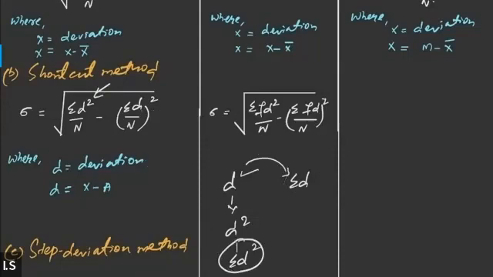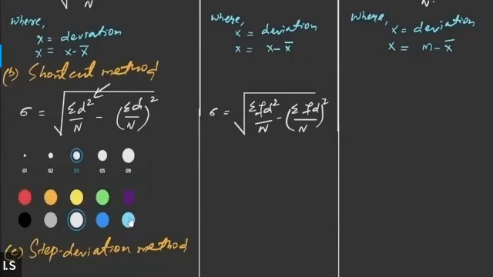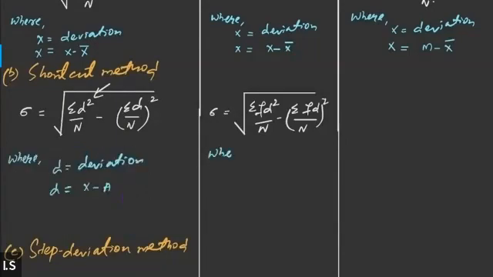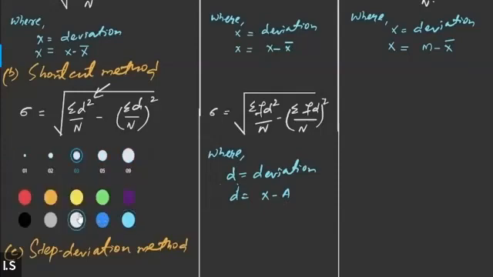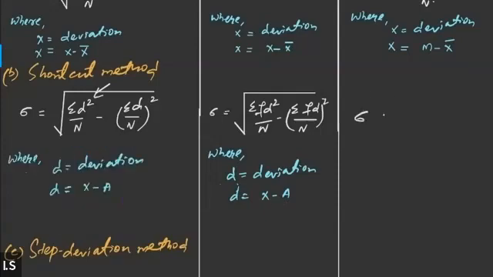Okay, so where d equals, again, deviation, but this time deviation will be calculated by x minus a. Moving on to this formula, sigma f d square upon n minus sigma f d upon n whole square.